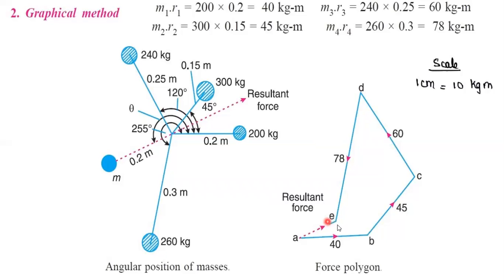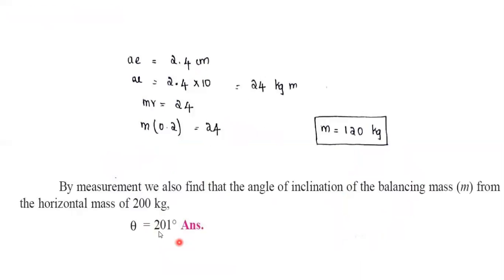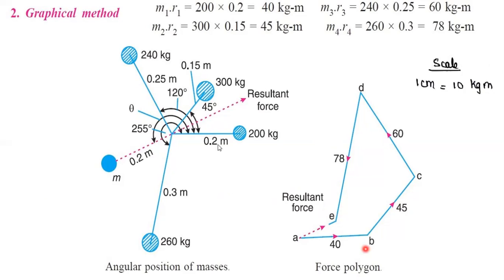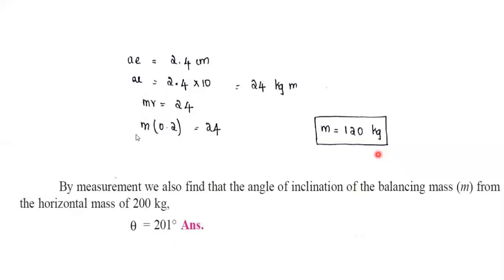If you keep your protractor upside down, horizontally you have 180 degrees, that is one semicircle, and the remaining angle is 21. So 180 plus 21 is 201 degrees. Keep this as a reference and measure. After measuring, you plot the mass, which we got as 120 kg, at an angle of 201 degrees.